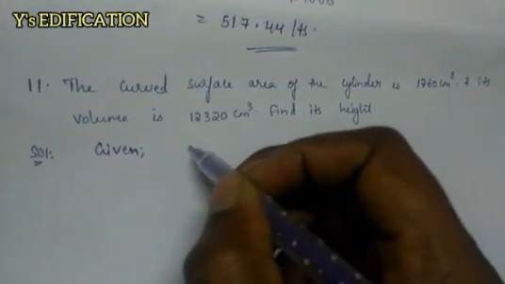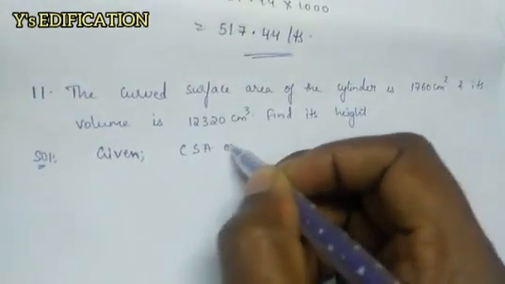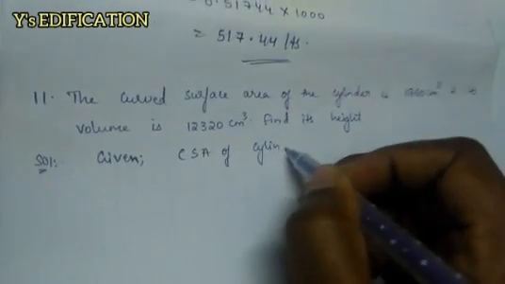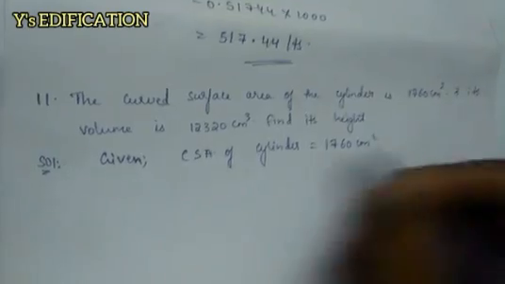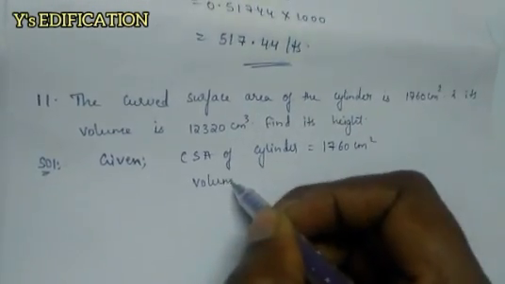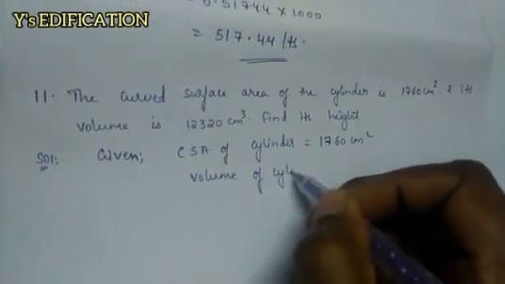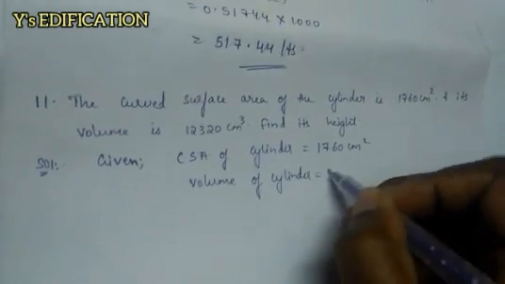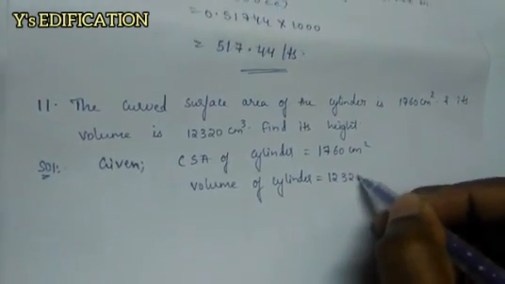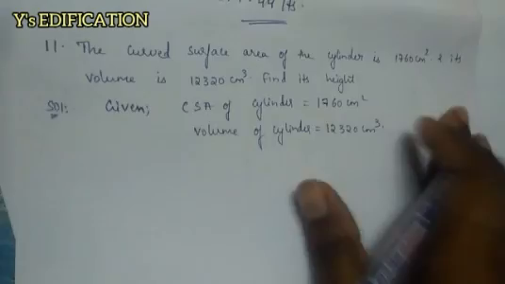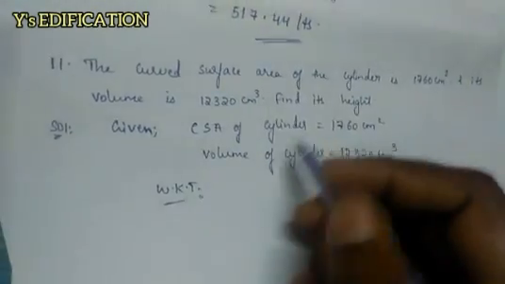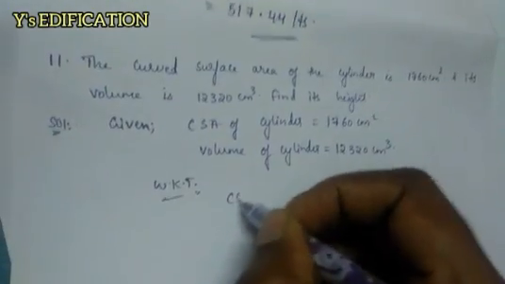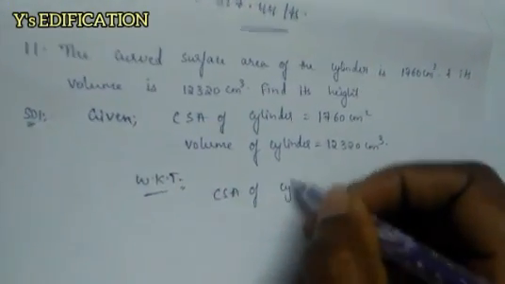So given, CSA of cylinder. What is the CSA of the cylinder given? 1760 centimeter square. Next, volume of cylinder. What is the volume of the cylinder? 12,320 centimeter cube. We have to find the height. But actually we all know both these formulas. What is the CSA of a cylinder formula?